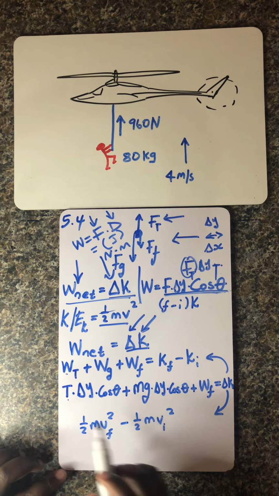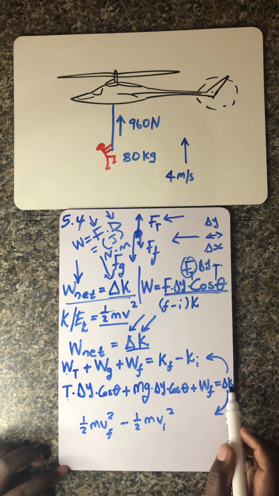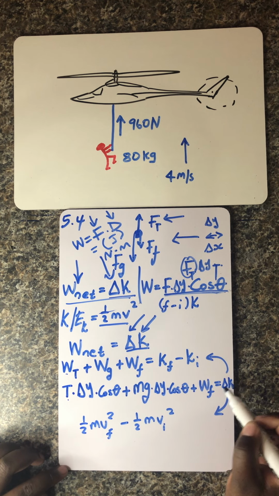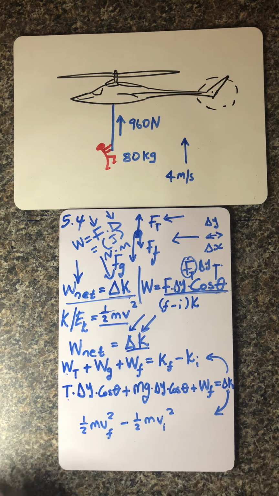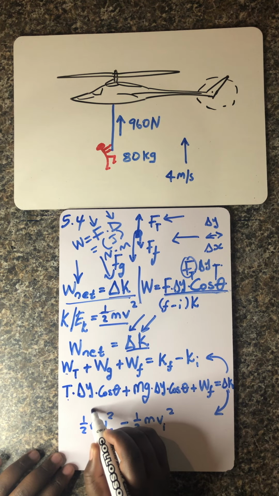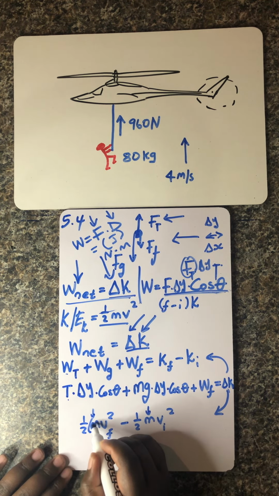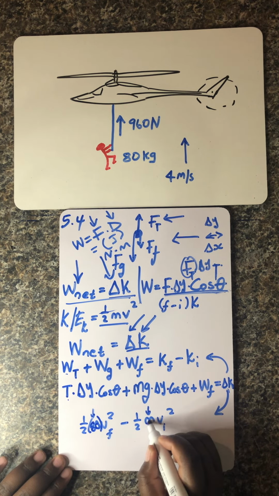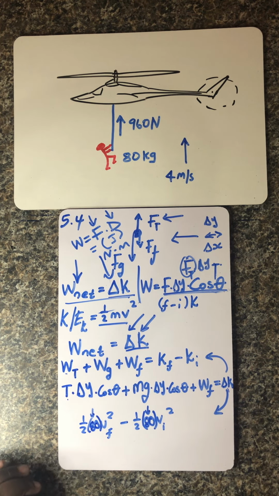So the whole of this is supposed to be equated to that, but because I haven't got enough space there, I'll just say delta K, and I will expand that delta K here because I want to explain something. Remember, we know the mass is 80 kg. So can we just substitute 80 kg there? Okay, 80 kg. So now we just substituted the value for the mass.